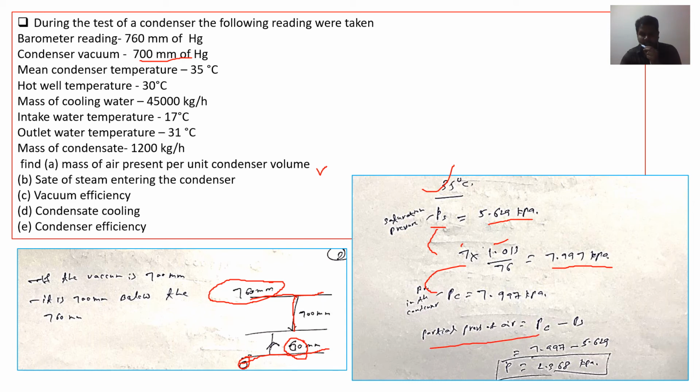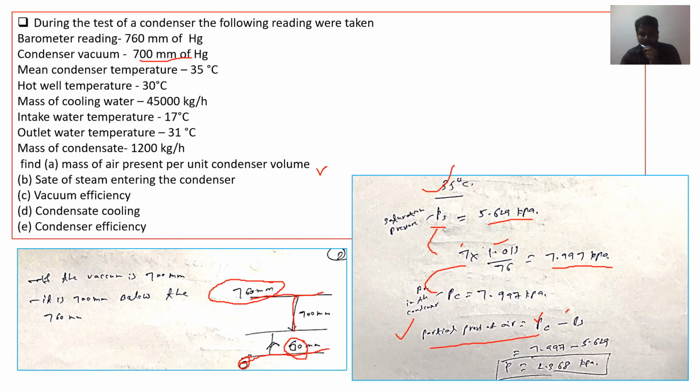So now the partial pressure of the air. As we discussed in the first slide, total pressure equals partial pressure of air plus partial pressure of steam. So we can write it as partial pressure of air equals pressure of condenser minus partial pressure of steam.